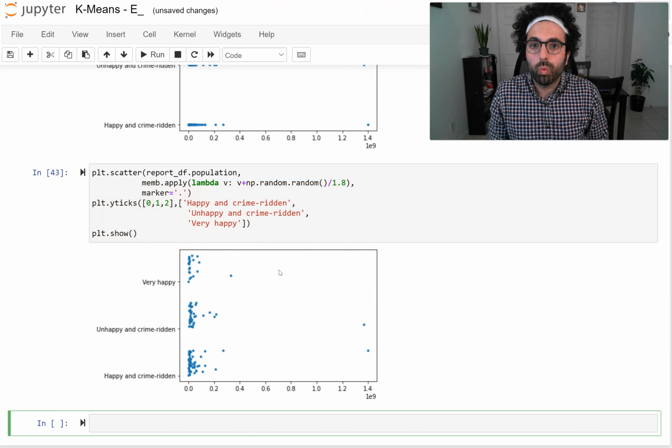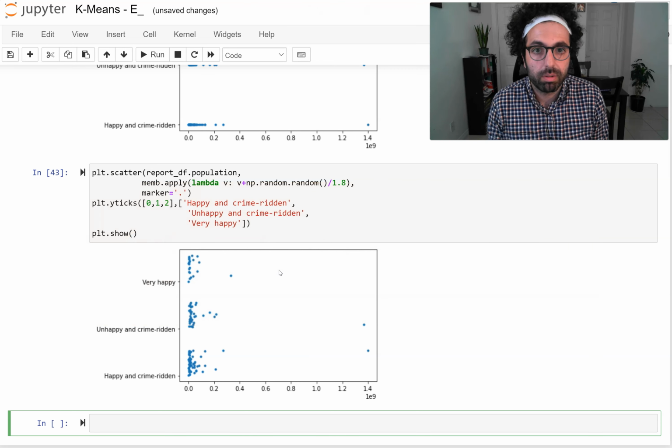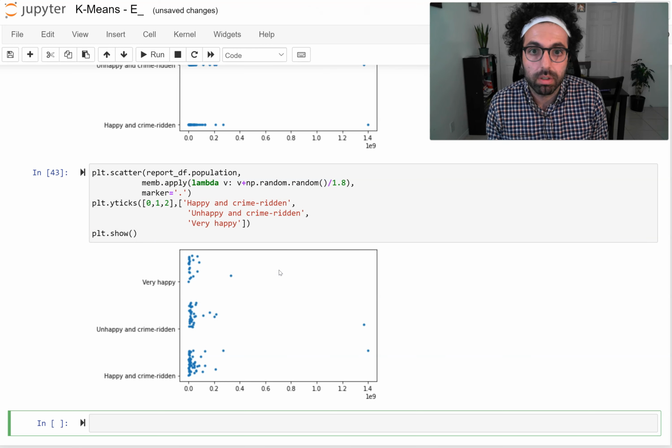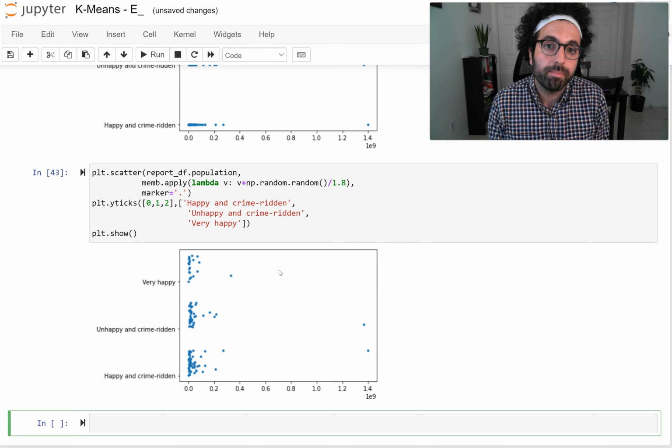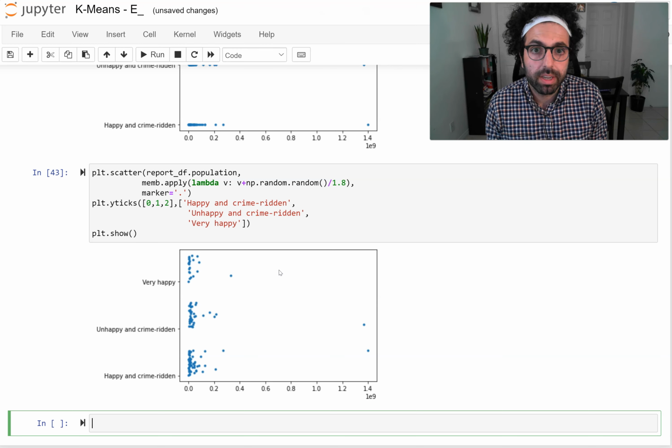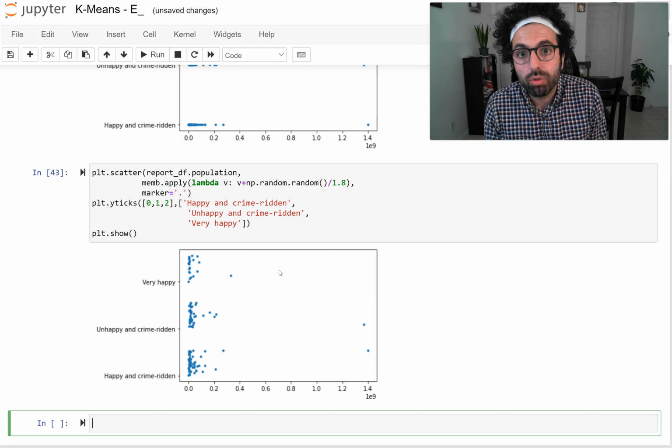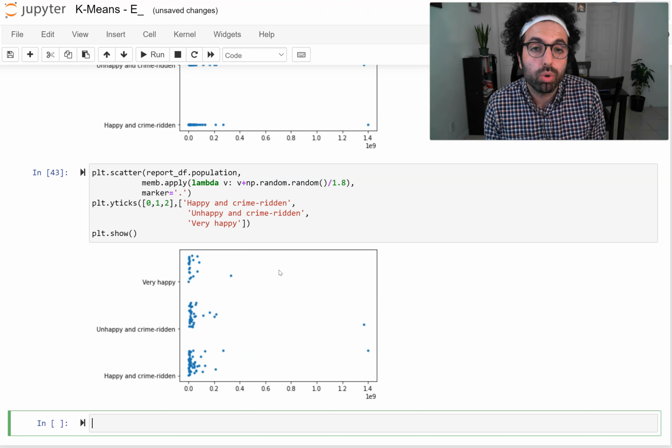Alright, so in this video we covered a bunch of different concepts about clustering. We talked about clusterability, we used Hopkins statistics, we also used clustering consistency to see if our data is clusterable, and then we used K-means, and also found the number of clusters to cluster world happiness data.